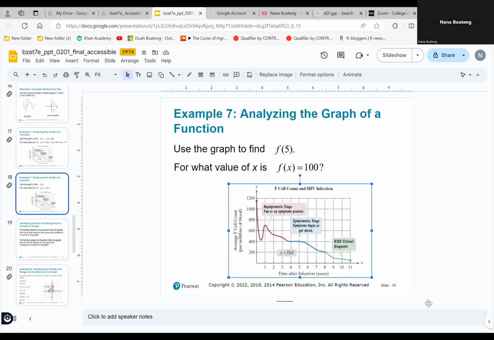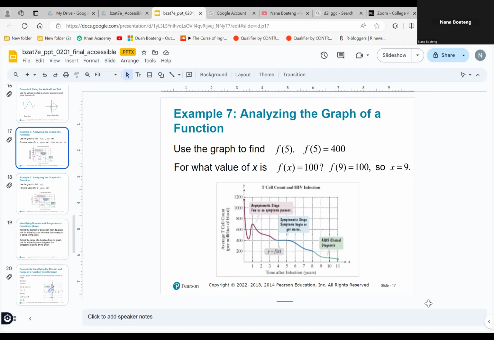If we trace the value of 100 horizontally to meet the graph, we can see that where y is equal to 100, the corresponding x value would be 9. Okay.